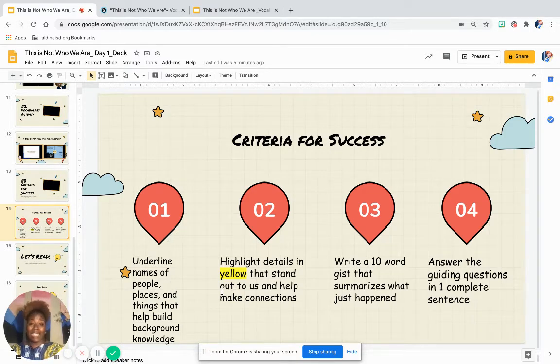We are highlighting details in yellow. I'm grabbing my yellow marker, but digitally, to help us to make connections because we know that when we read, we are trying to find connections with the text. Text to self, text to text, and text to world.